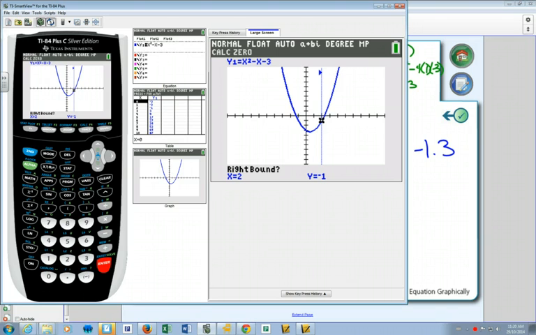And to the right of it would be 3. So I'll do that, and then push enter. And we find out that our other one is at positive 2.3. So that's how you can use your graphing calculator to find those zeros.